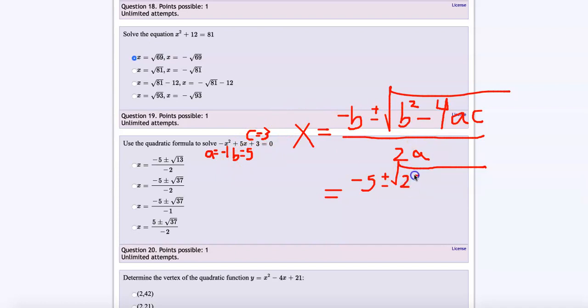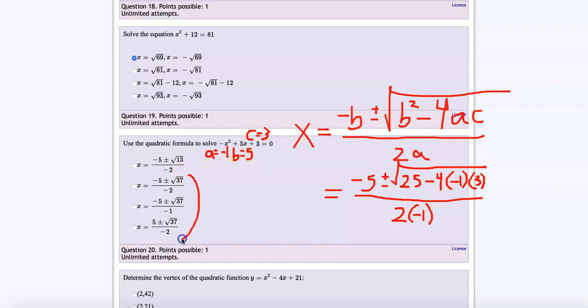So 25 minus 4ac all over 2a. Okay, so one thing is to notice this negative 4 times negative 1 is positive, so this is actually 25 plus 12, and 25 plus 12 is 37.